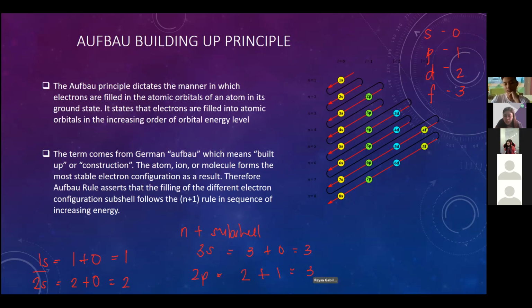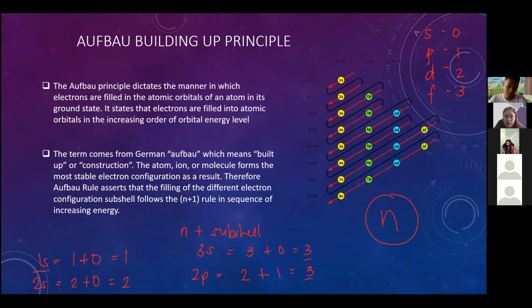If you saw on the screen, class, they have the same energy level. But the rule is if you encounter the same energy level, you go back to the principal quantum number. The one that has the larger principal quantum number will be regarded as the higher energy level.